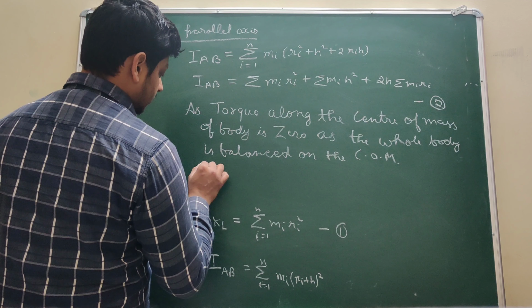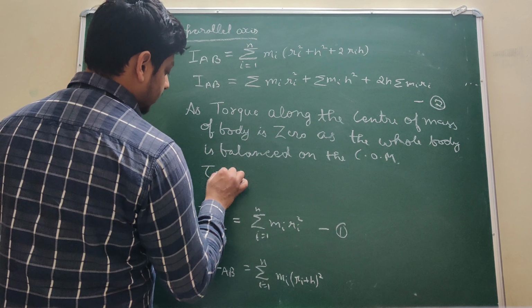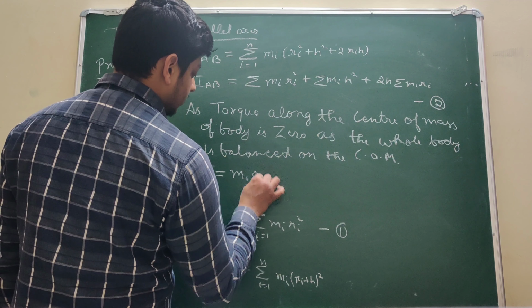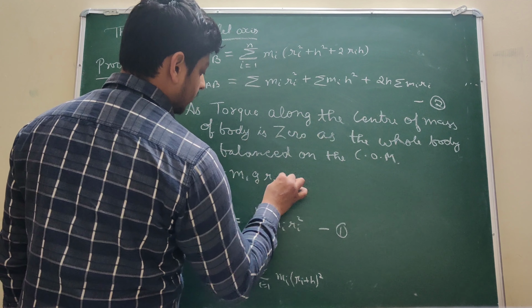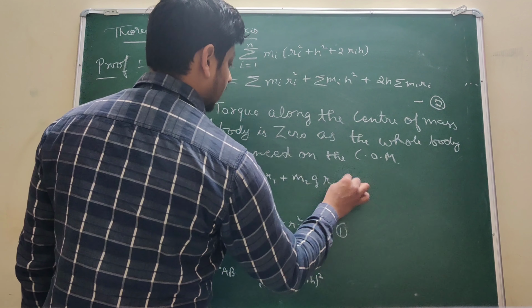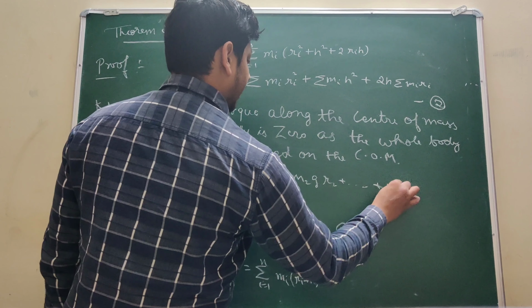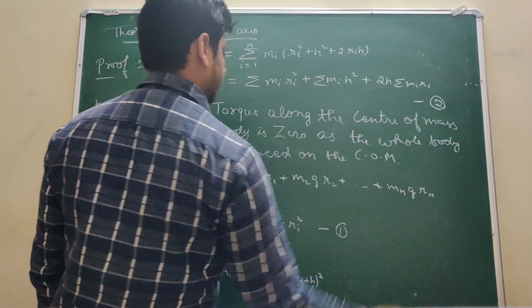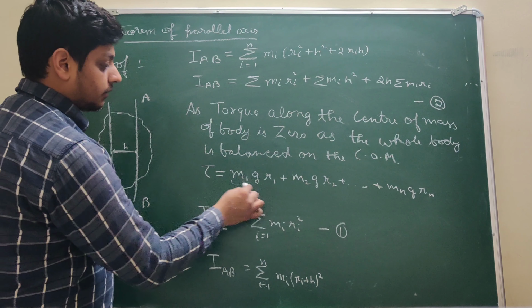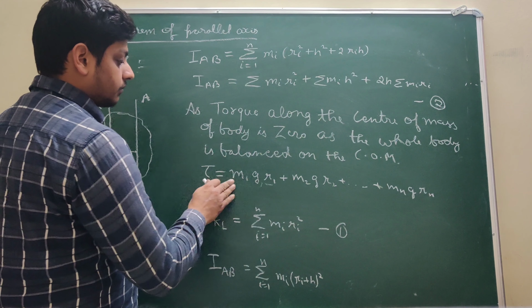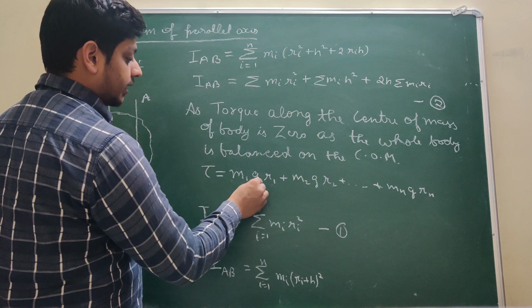So torque is m1 g r1 plus m2 g r2 up to mn g rn, because this is the force and this is the perpendicular distance, so I am writing it directly.